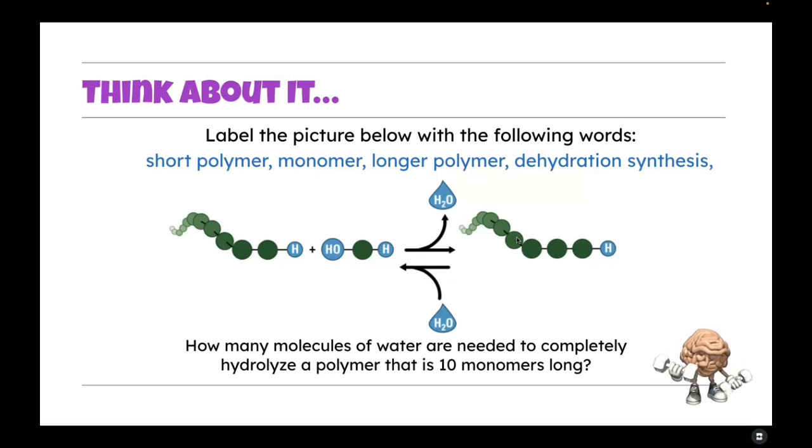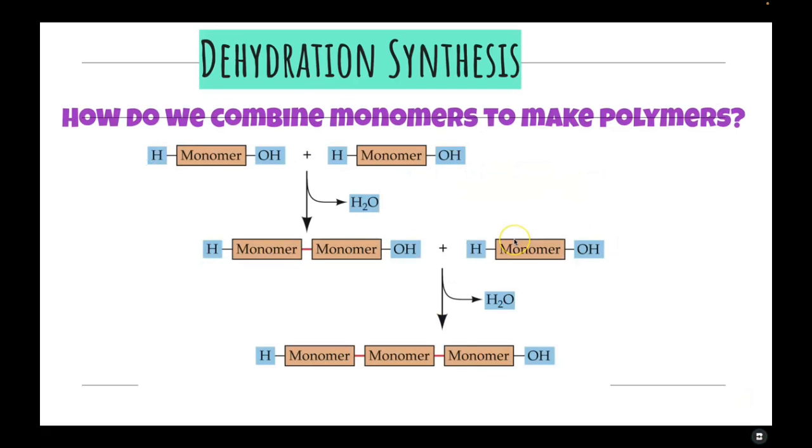So you have 10 monomers, subtract 1, and you're going to need 9 water molecules in order to complete your hydrolysis. All right, and so here you can see that you need water for each bond.